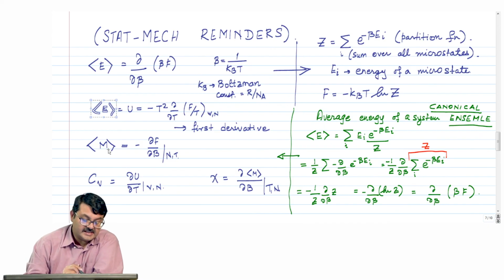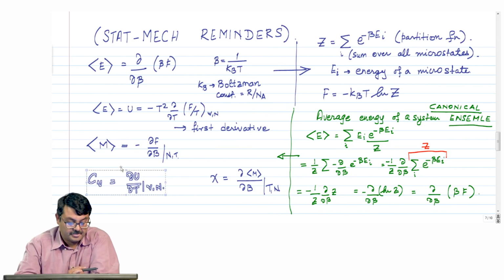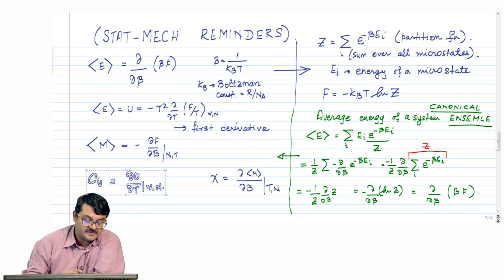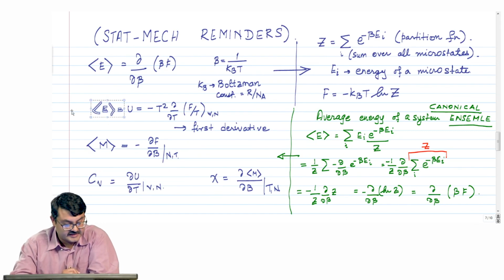What is seen is that they change continuously, but C_v, which is the second order derivative, shows a singularity. So, what is C_v? It is basically del U by del T, where U is the internal energy, which is basically a measure of the average energy of the system.